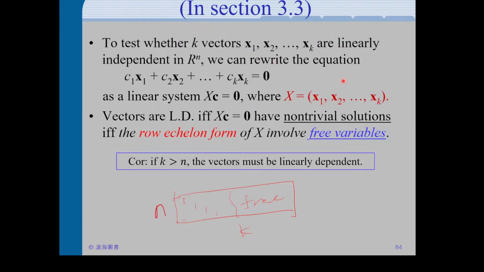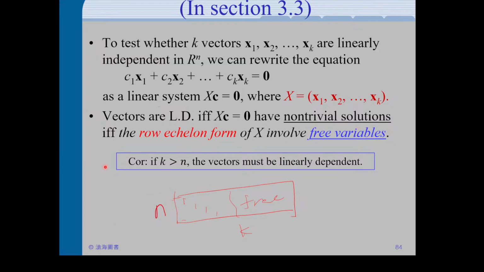Remember, we said that we want to test whether some vectors are linearly independent. We write down this equation. So we want to check the linear equation Xc equal to 0. And then we have this X matrix, where you list every vector here as a column vector, and we want to check whether there are free variables.